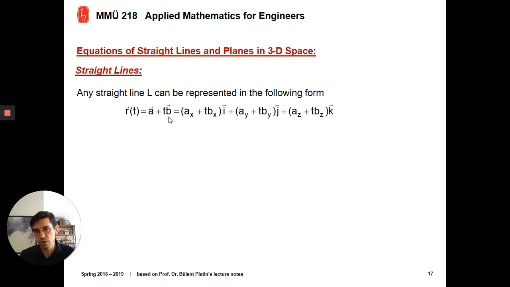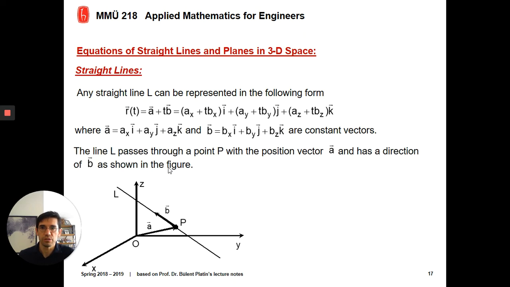Either it can be on the line, or it can be outside the line, but in any case, it is parallel to that line. So we could open up the coordinates of each respective element here, like ax, ay, az, bx, by, bz, and then we will have the most general form of our parametric equations.